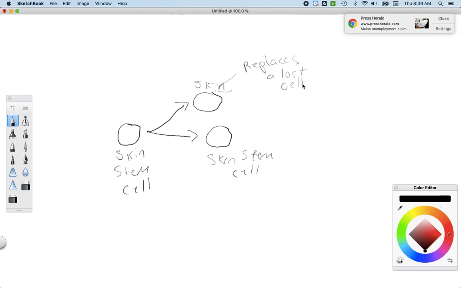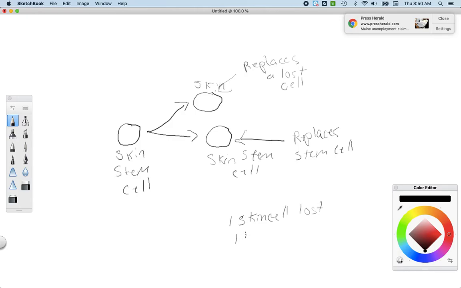The skin stem cell replaces the stem cell that gave rise to the skin cell. So in the end, we don't have any new cells. We lost one skin cell, and we started with one stem cell.